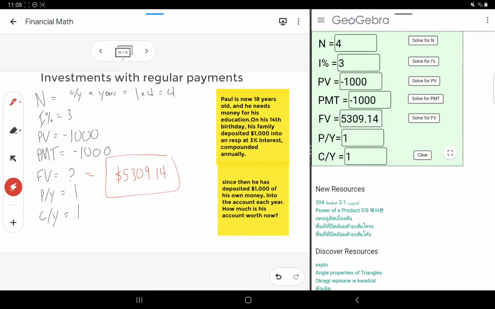Right? So if we were to ask, how much interest was earned, as in what was really the point of investing this money, how much money did you actually earn, we know that we have now $5,309.14. And we know that if we just put the money in a bag somewhere, we would have had that 1,000 initially and the 4,000 over 4 years, so 5,000 in total.